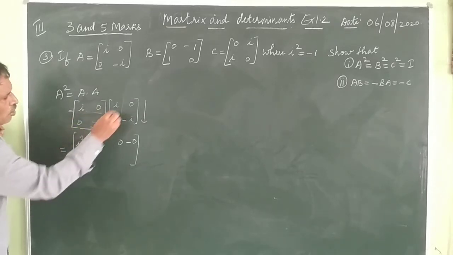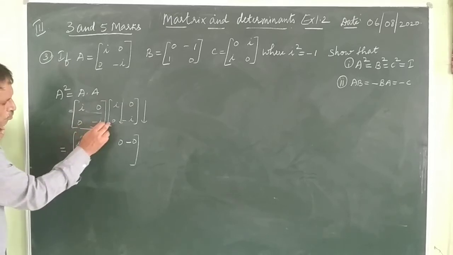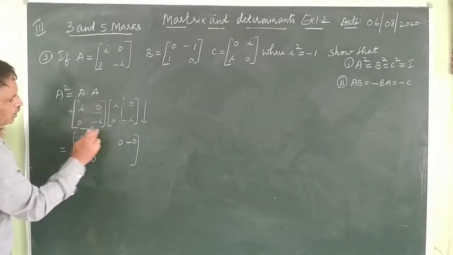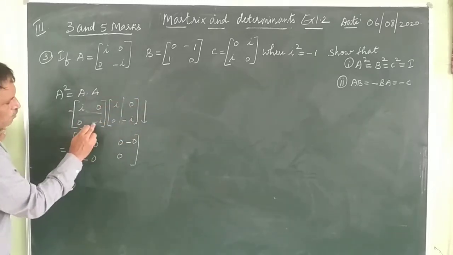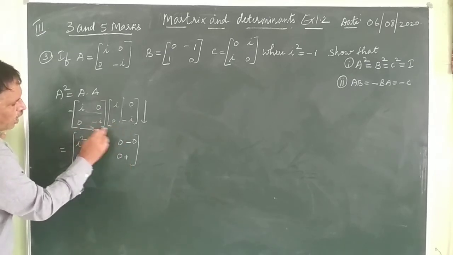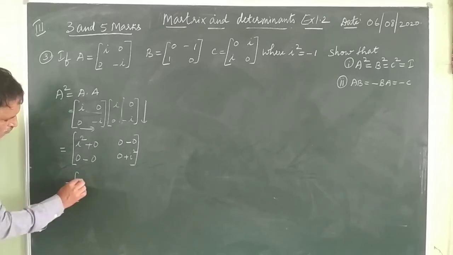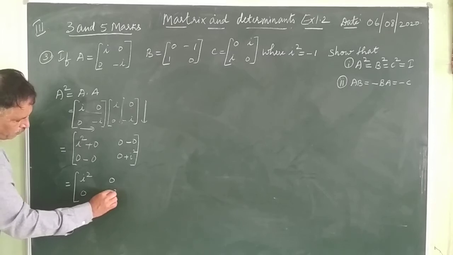Then second row, first column: 0 into i, 0. Minus i into 0, 0. Next, second row, second column: 0 into 0, 0. Minus i into minus i, plus i square. So this will become i square 0, 0, i square.